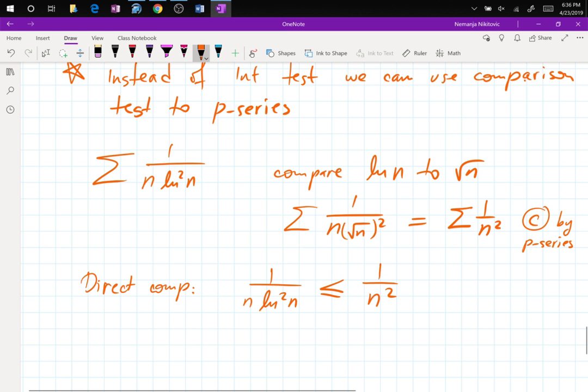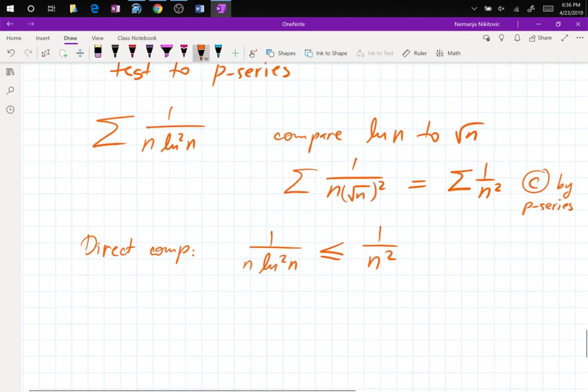Because this one that converges needs to be bigger to track. Now, if this doesn't work, then I'll do the limit comparison. So what do I have? I have n squared to be smaller, right? This is a question mark still. Then n ln squared n. One of the n's will drop. And the question is if n is smaller than ln squared n.